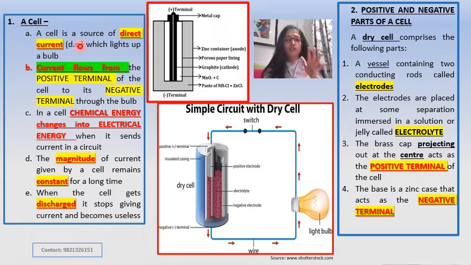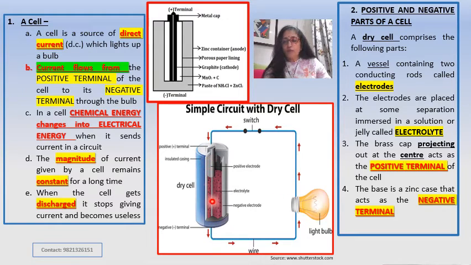I have made out the definitions into boxes with pictures to make you understand, make it easy. If they ask you the definition of a cell, what is a cell? All these points are valid there. A cell is a source of direct current which lights up a bulb. So if you look at this picture, you have a cell.